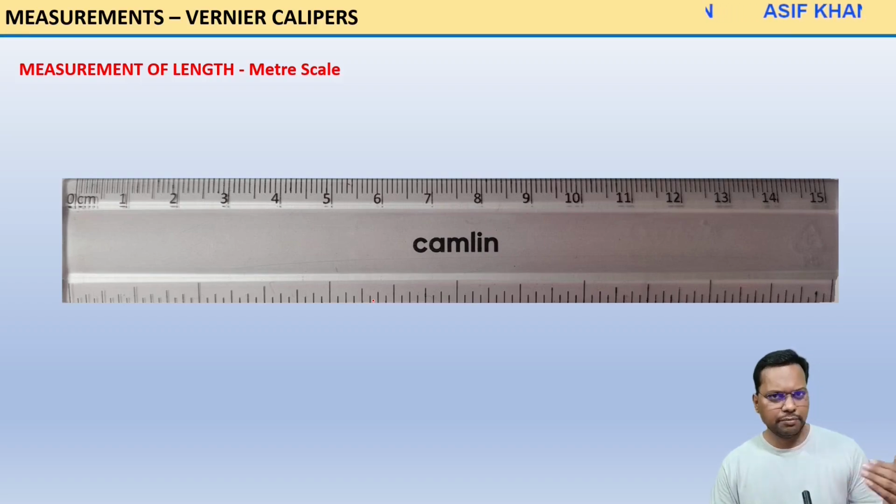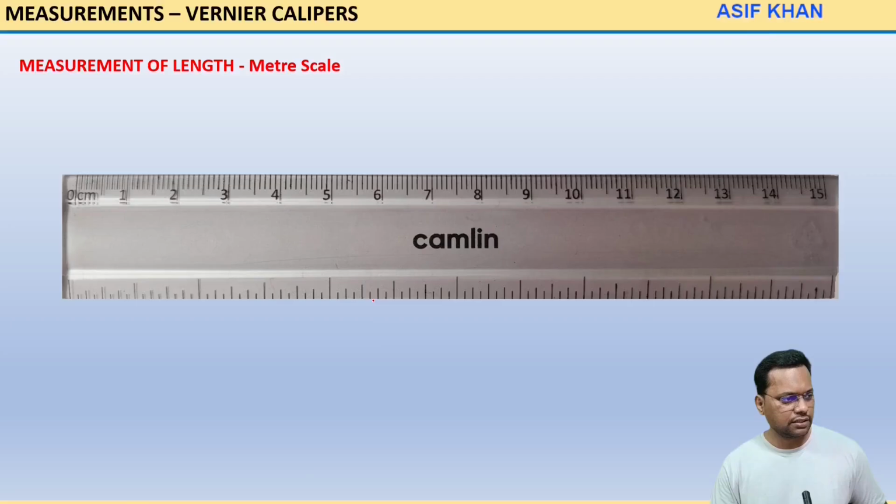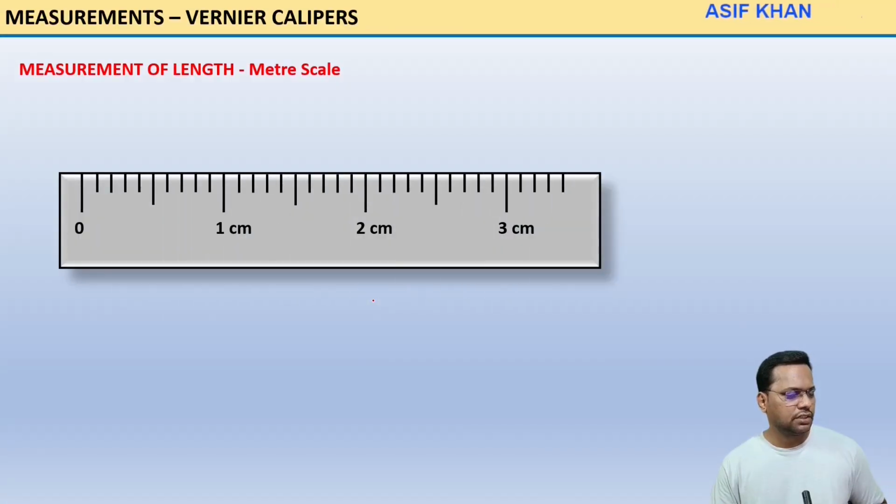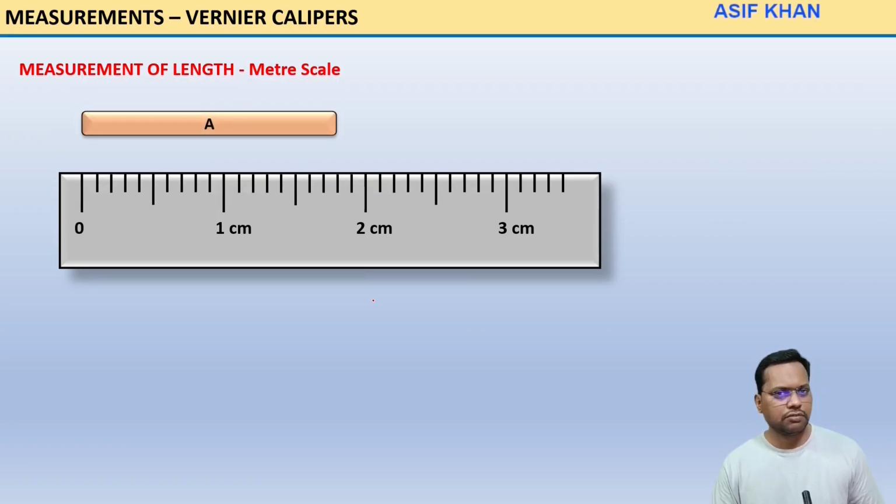Now here we measure the length of some object. The picture shown on the screen is the magnified one, the magnified picture of millimeters and centimeters, so you don't get confused here. Here there is an object of a certain length and we want to measure its length.